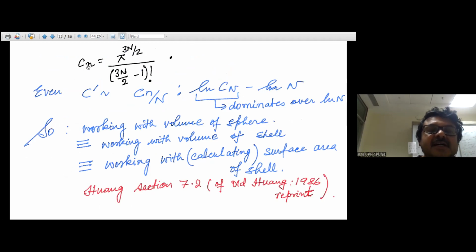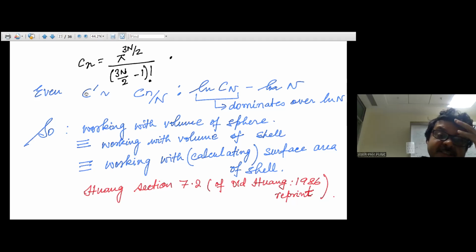Explicitly writing the expression for C3n, okay, I mean, n is large. So here I have written 3n, but here I've missed it. So basically, C3n would be pi 3n by 2. I mean, this is the explicit form, right?